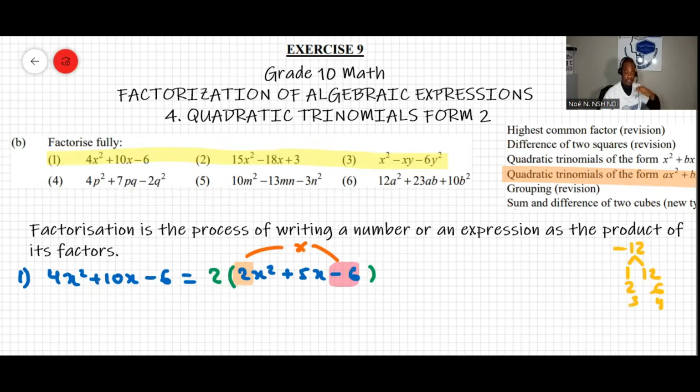Now, in the list of the factors of 12, there must be only one that will make a sum. Oh la la. When I factorize here, I forgot this is not 6, but it's -3 instead. Sorry, it was -3. 2 times -3 is -6.